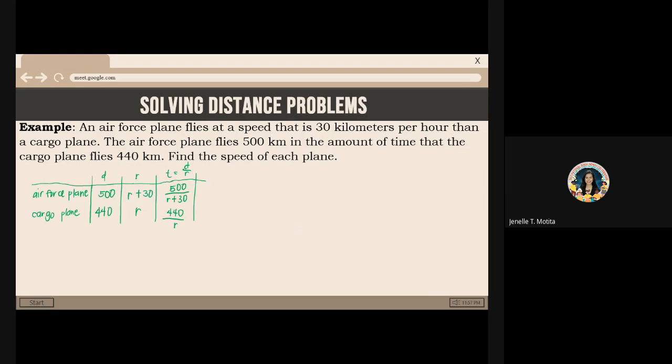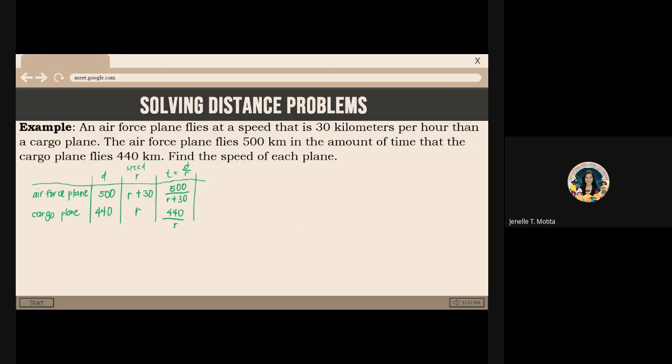So we identify R for the cargo plane, and for the Air Force plane, R plus 30, since it is faster. This is the speed represented by the variable R. Next, the Air Force plane flies 500 kilometers in the amount of time that the cargo plane flies 440 kilometers. So this is our distance.